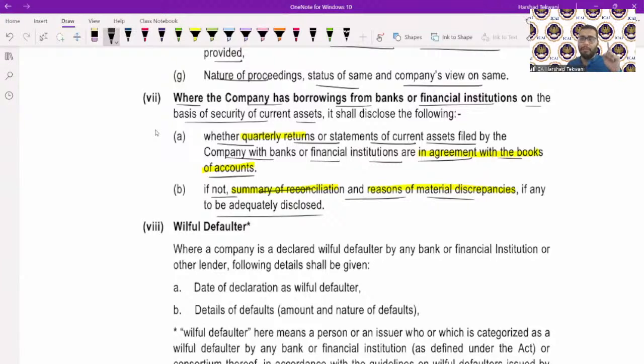Our role will come in CARO for this item also. So, quarterly returns of current assets to banks, and their agreement with the books of accounts, and the reason for material discrepancy also.